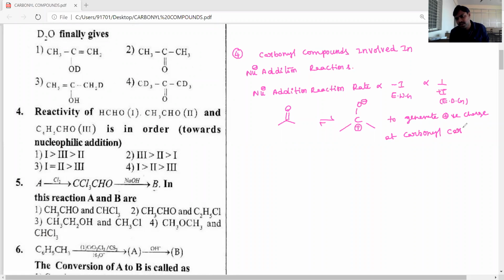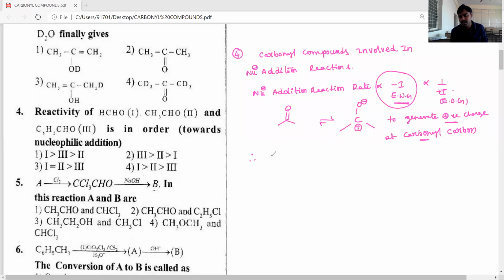Generation of positive charge at the carbonyl carbon happens only in the presence of electron withdrawing groups, but not electron donating groups. That's why, in the nucleophilic addition reactions of carbonyl compounds, the rate is directly proportional to electron withdrawing groups and inversely proportional to electron donating groups.